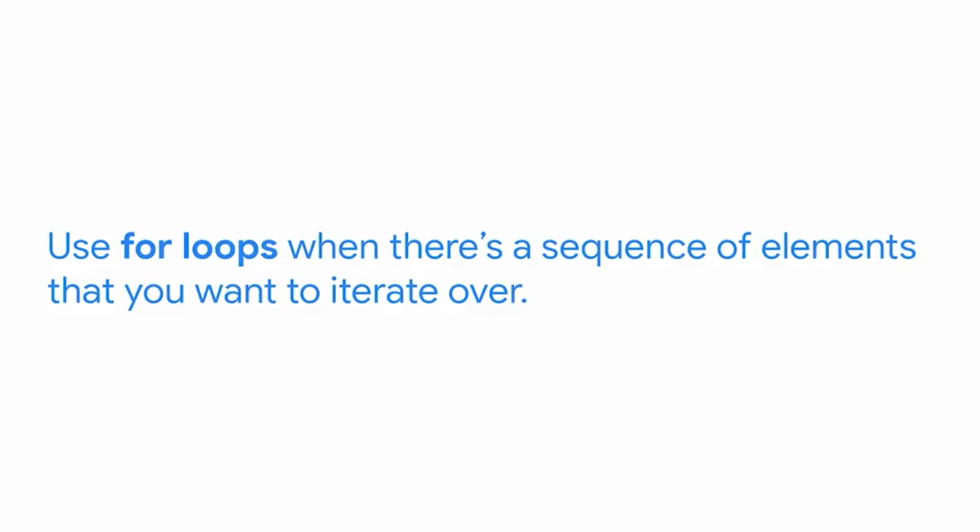So now you know more about setting parameters for the range function when you're working with for loops. As a quick reminder, use for loops when there's a sequence of elements that you want to iterate over. For example, to loop over a variable, such as a record in a data set, it's always better to use for loops. This also improves readability of your code.